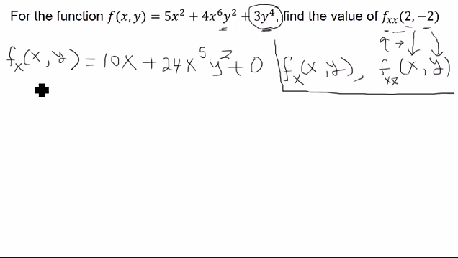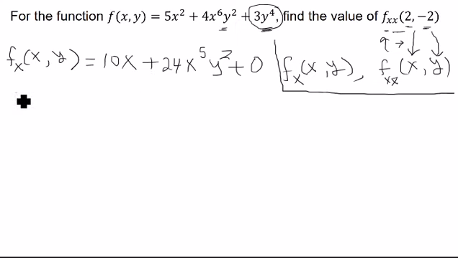Now we're going to have to find the second derivative, in this case the second partial derivative. So the second variable for differentiation is still x, so we're going to differentiate this result with respect to x again.